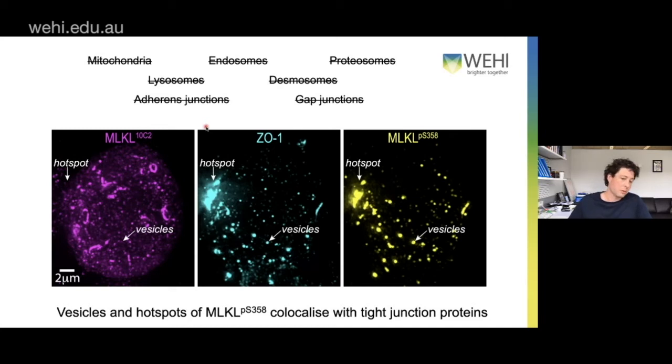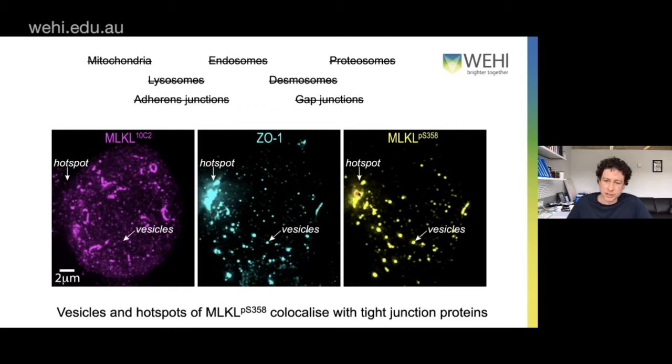What it did, and was quite apparent, is that it co-localized to an extensive degree with markers of tight junctions. So here I'm using one of them, ZO-1, but it also co-localizes with occludin and JAM-A, which are 2 other tight junction markers. And the thing to note is that it doesn't co-localize with this pre-terminal step that's recognized by one of our monoclonal antibodies. The overlap exists for this terminal step in MLKL, so this is the phosphosite antibody.